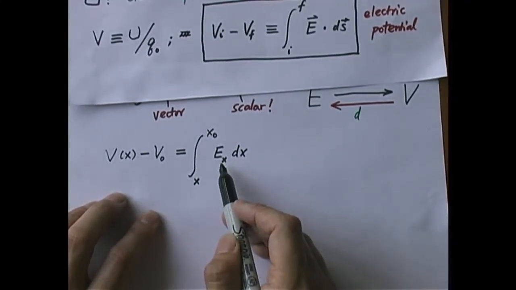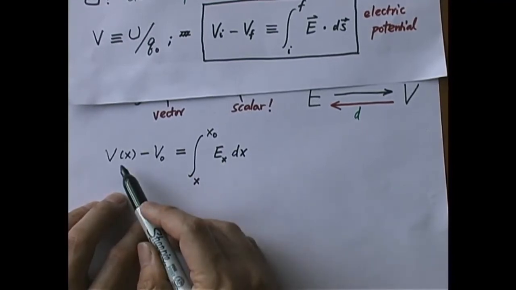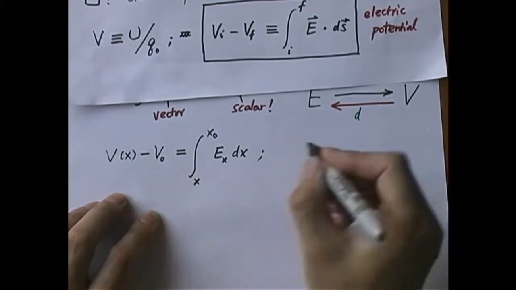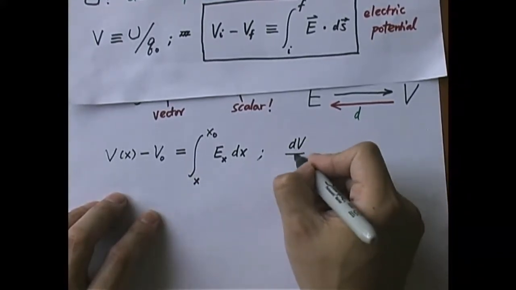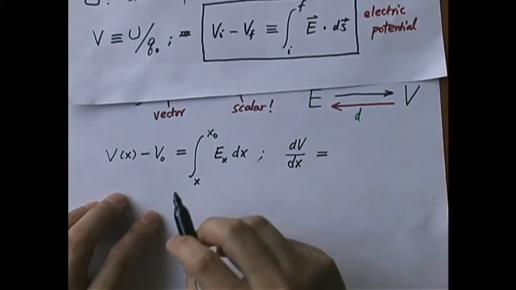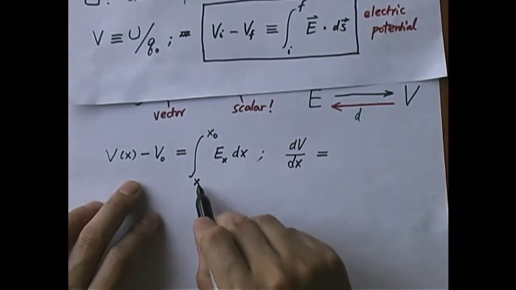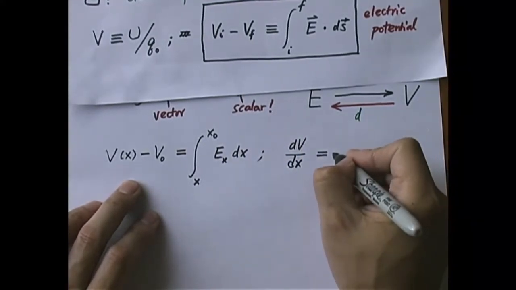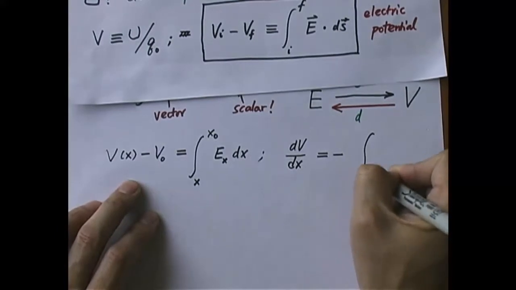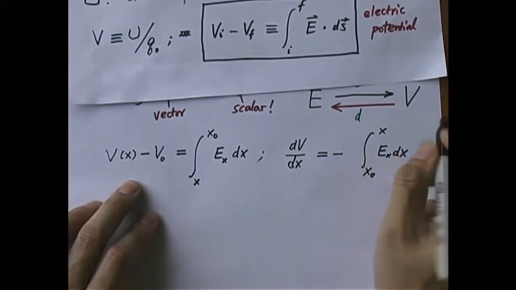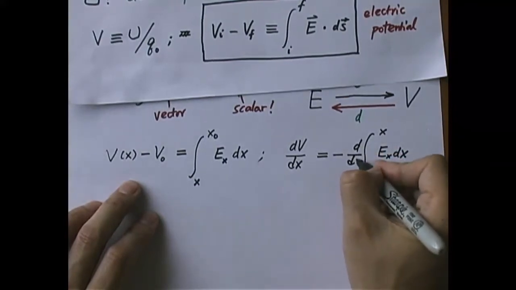How does one figure out Ex once you know V of x? Well, naturally we have to differentiate. So let's differentiate both sides with respect to x. The first term will give us dV over dx. On the right, we integrate from x to x naught, so we can put a negative sign and reverse the order, x naught to x, of Ex dx. Don't forget, I have to differentiate that.